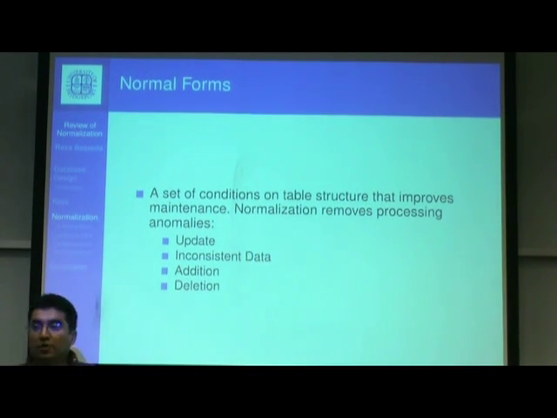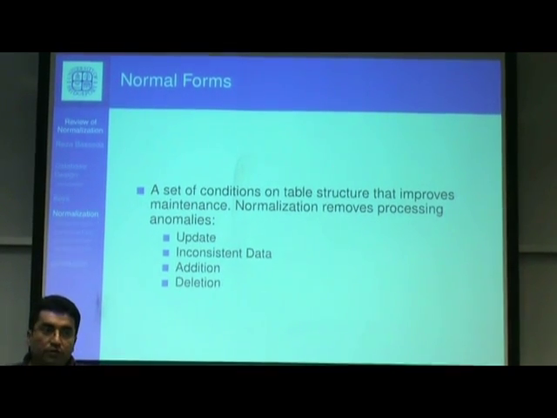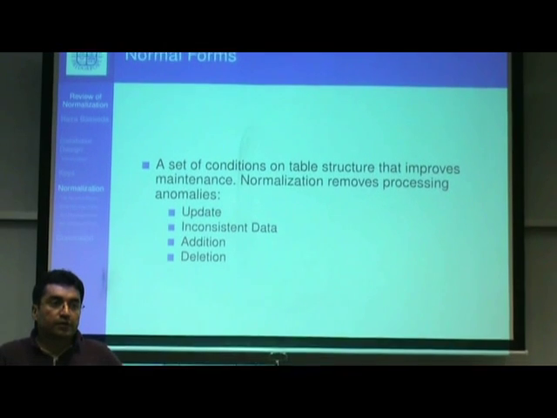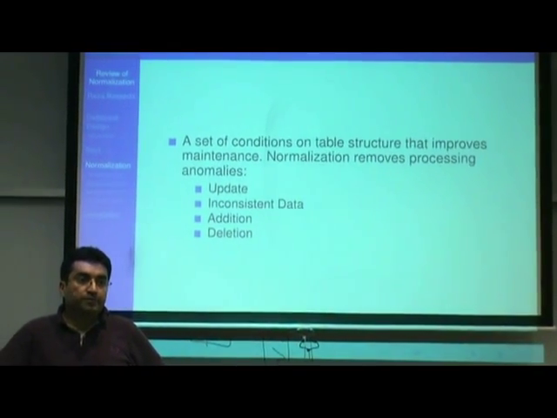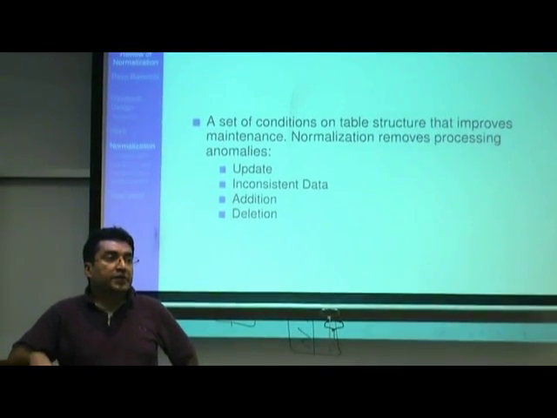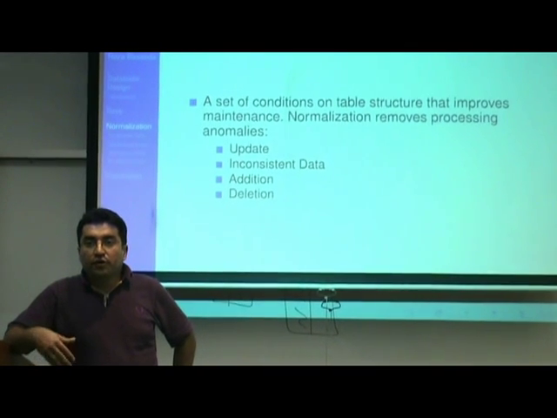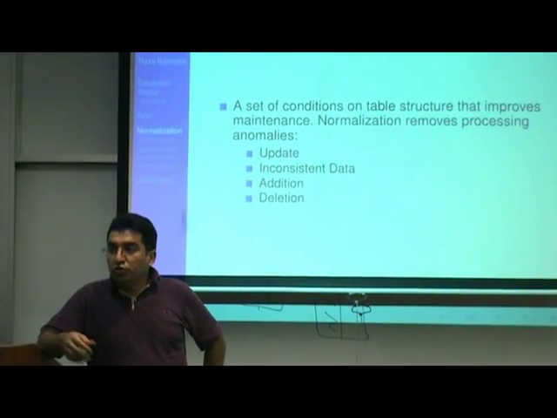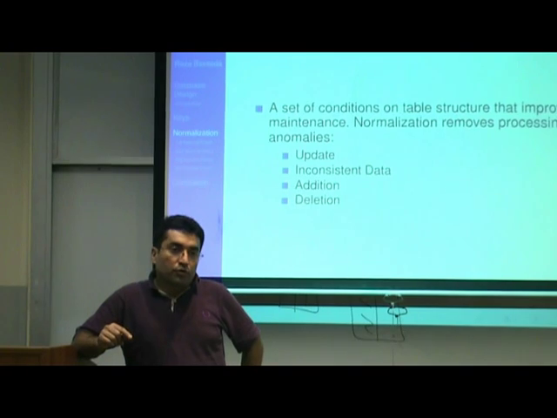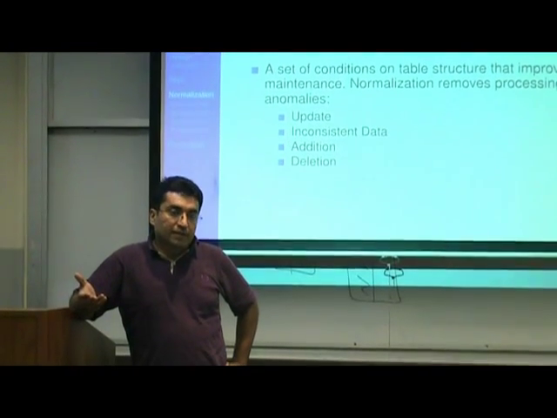How do they improve the efficiency of the update? When you remove the redundancy, then when you update a specific attribute, you update fewer records because you don't have redundant data.